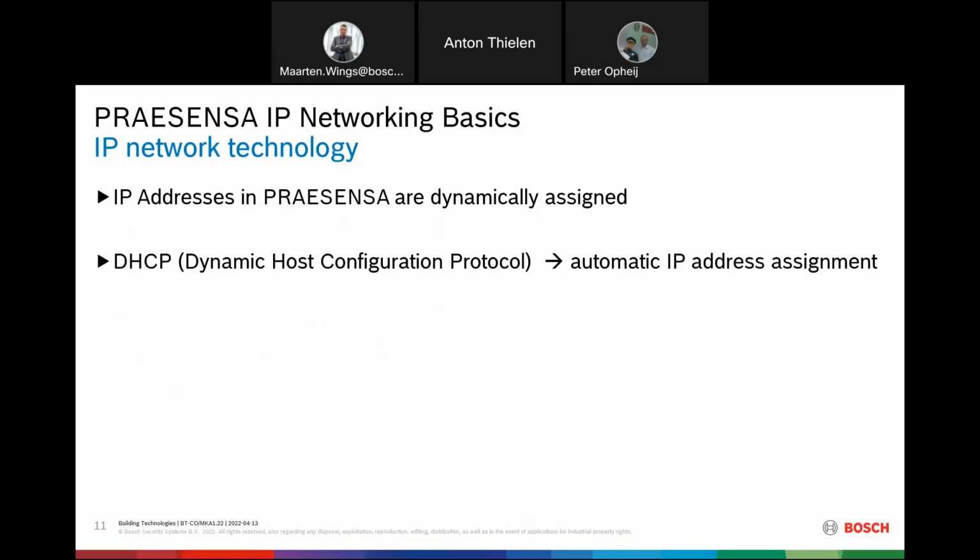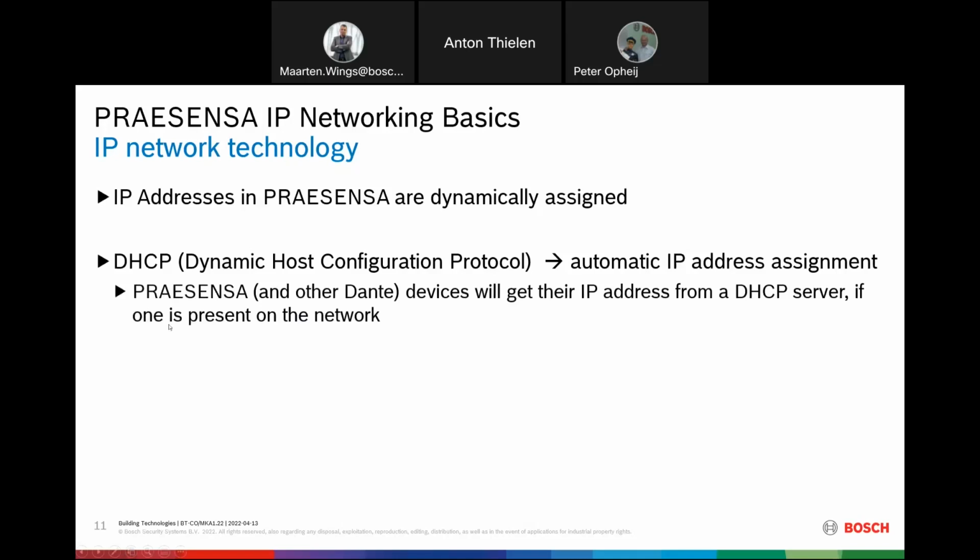That's why we initially promote using automatic IP assignment, because it avoids IP conflicts in your network. So yes, they are dynamically assigned at the moment. And if you do not have a DHCP server, then it will be an autoconfig network, and otherwise you can control that through a DHCP server.